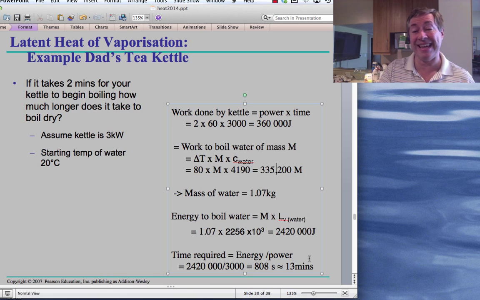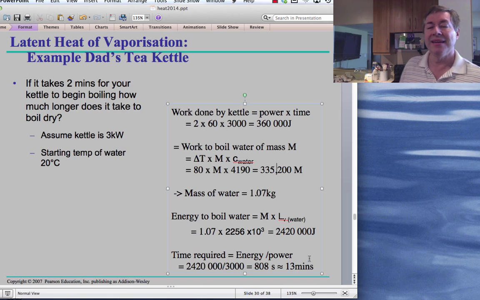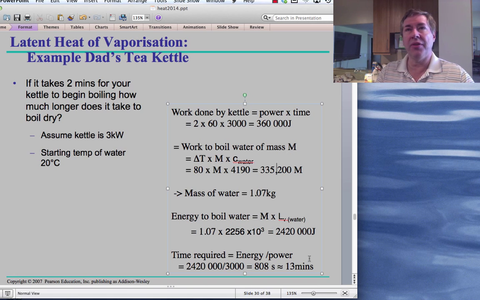It's still going to take 6.5 times more time after you brought the water to a boil to boil it all away, because you're just comparing the latent heat of vaporization with the heat capacity here, and that comes out to be the same ratio for any quantity of water if you want to raise it 80 degrees and then boil it. So the result does not actually depend on knowing how hot your heater is or how much water you have. I just gave those as some specific examples so you could work out something concrete.